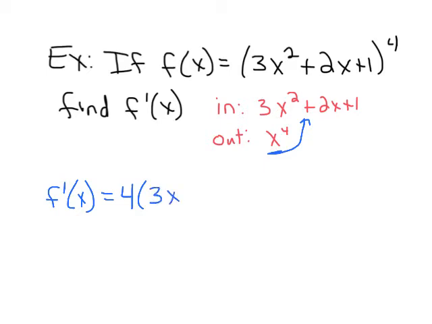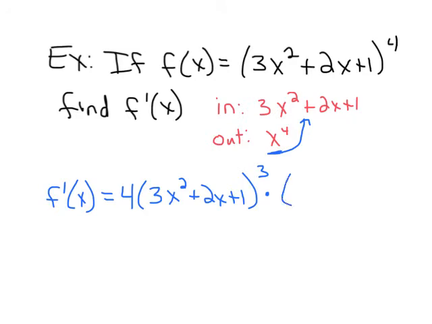So I have 4, and then I have 3x squared plus 2x plus 1. I'm kind of differentiating around the inside function, multiplied by the derivative of the inside function. The inside function is 3x squared plus 2x plus 1.